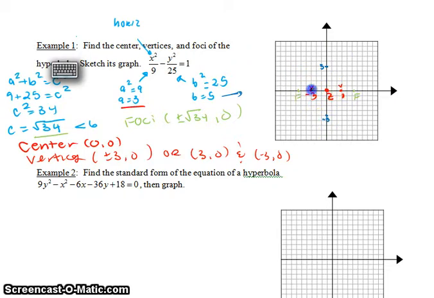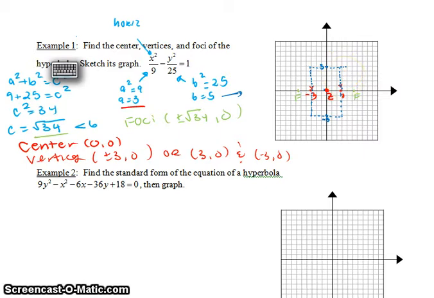And so I'm going to have this little box, which I'm just going to draw in with a dotted line, and it connects my vertices. The box goes up b units from the center, down b units, and left and right a units. So your box will always be made up of 2a and 2b.